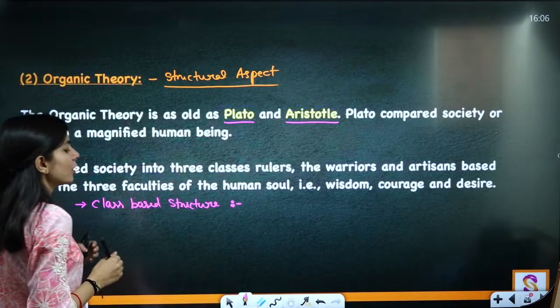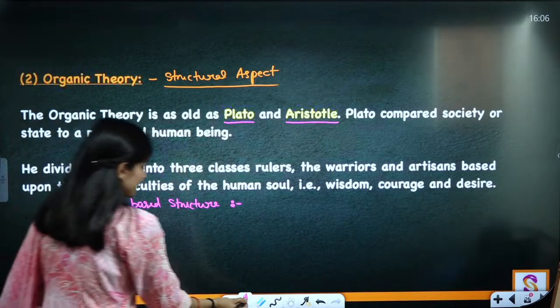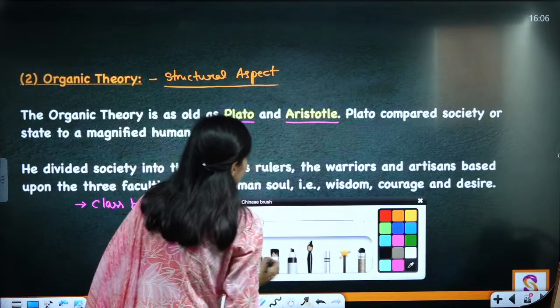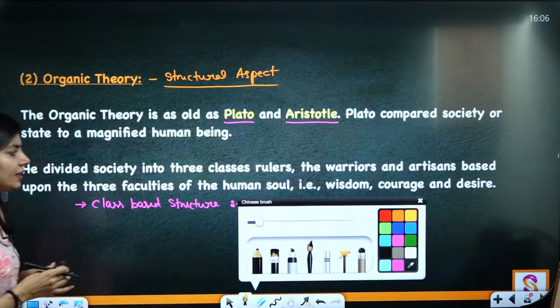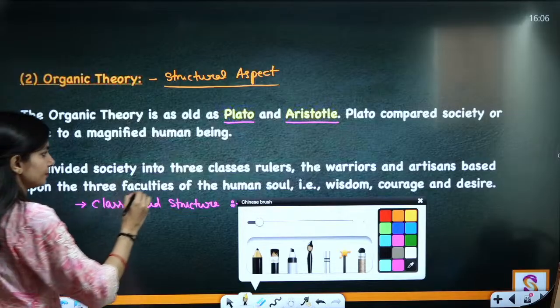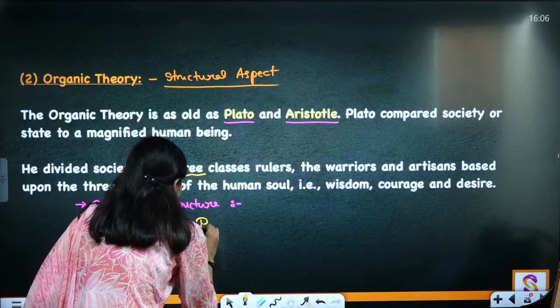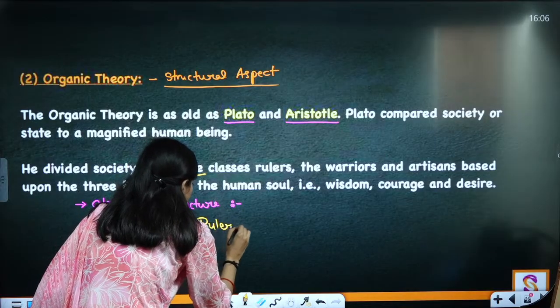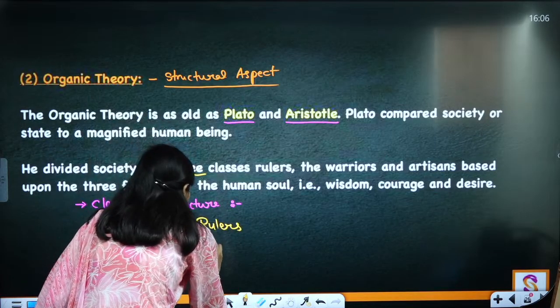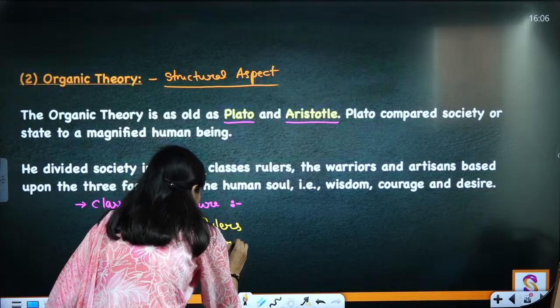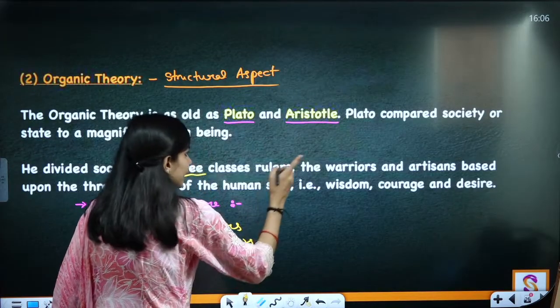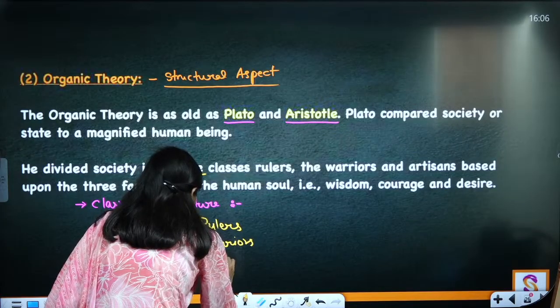While explaining the class-based structure, he specified that there are three classes. One is the ruler, another is the warrior, and another is the artisans.